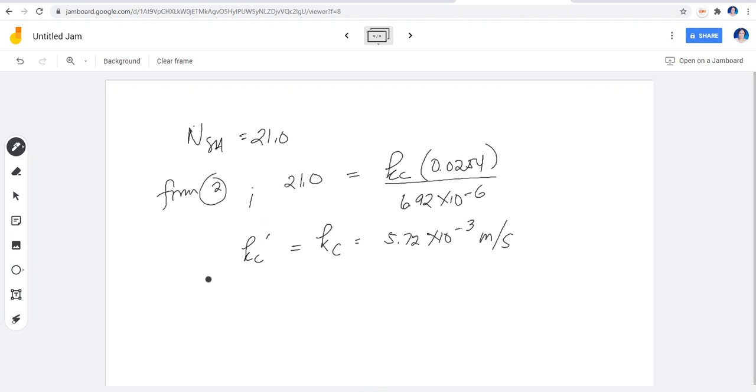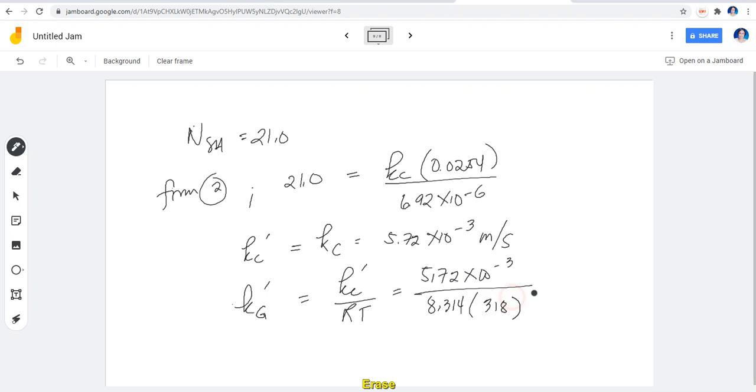So our requirement is we will determine the K sub G prime. That would be our K sub C prime over RT. So we will use this 5.72 times 10 raised to negative 3. We will divide it by 8.314, and our absolute temperature of 45 degrees Celsius will be 318 in this case.